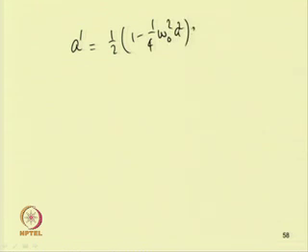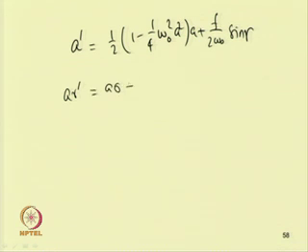In this case the reduced equations are of this form: a dash equal to half of 1 minus 1 by 4 omega 0 square a square, into a, plus f by 2 omega 0 sin gamma, and then a gamma dash equal to a sigma plus f by 2 omega 0 cos gamma. So, these are the reduced equations one can obtain by using method of multiple scales.